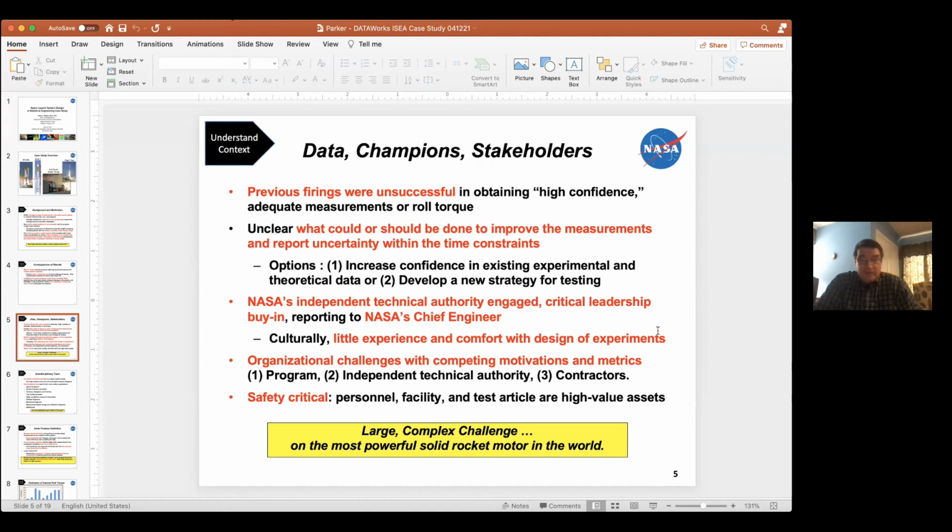That's a full-scale solid rocket motor that's being tested. And so I think it would go without saying that this falls into the category of a large, complex statistical engineering problem. And at the time, it doesn't hurt to say that it was the most powerful solid rocket motor in the world that we were about to test.